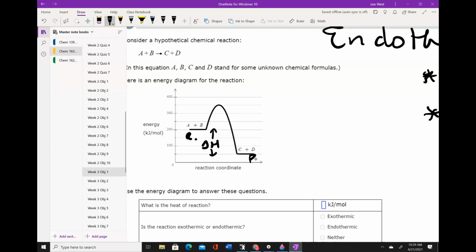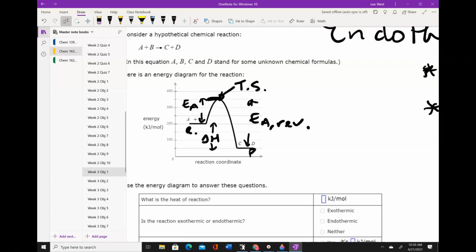The difference in energy between your reactants and the transition state, this point here, is your energy of activation for the forward reaction. And of course, the difference in energy between the products and the transition state is your energy of activation for the reverse reaction.